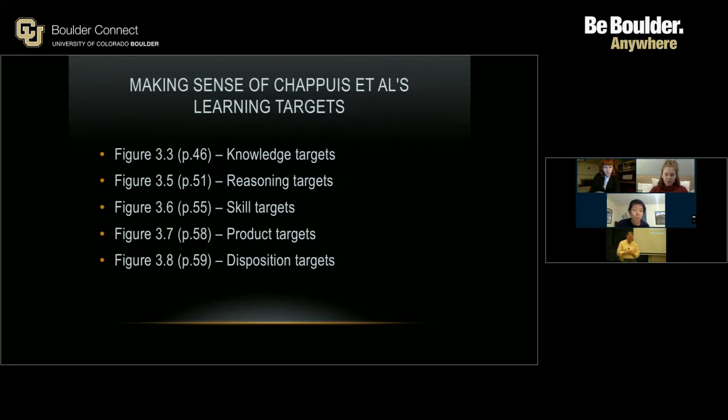And so they give an overview, from a Bloom's taxonomy perspective, of different reasoning targets. These tend to be the higher level reasoning goals that you often see, things like inference, analysis, comparison, synthesis.